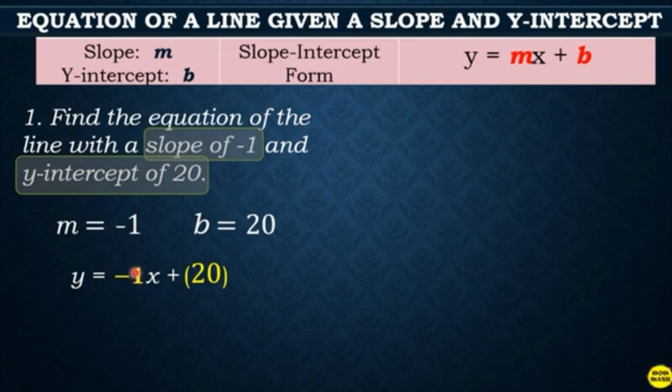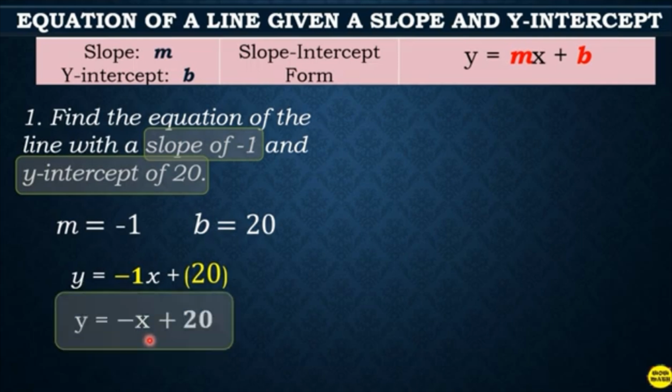Kasi kahit wala yan, automatic the variable is may coefficient siyang 1 dyan. Okay? So, hindi po pwede ito. Okay? So, we will have y is equal to negative x. This means negative 1. So, hindi na natin ilalagay si 1. And then, negative x plus positive 20. So, this is the equation of the line.